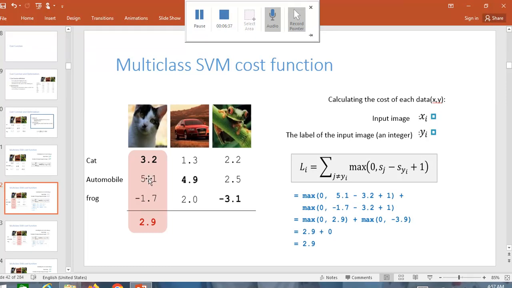If we add 1 to this score, it would be 6.1, and the score of the cat class is not higher than the score of automobile, nor the score of automobile plus 1.